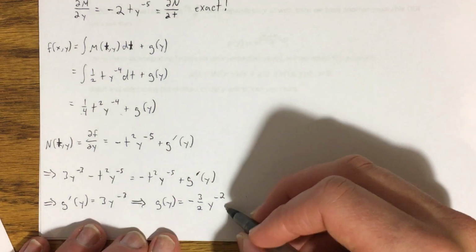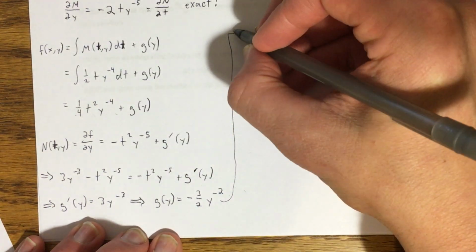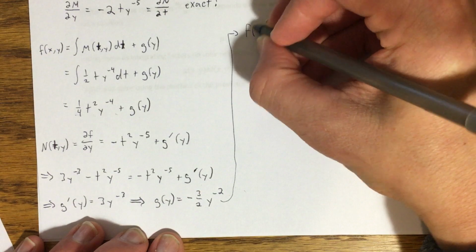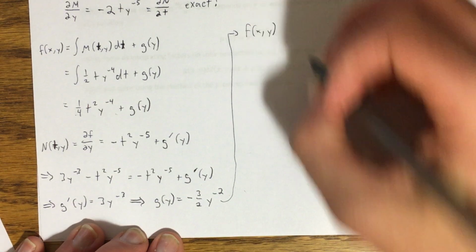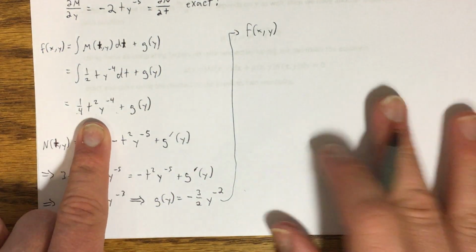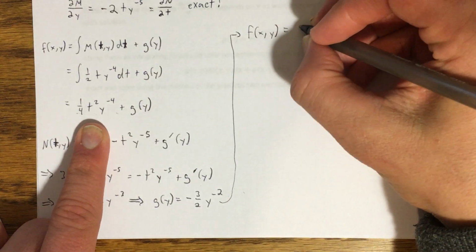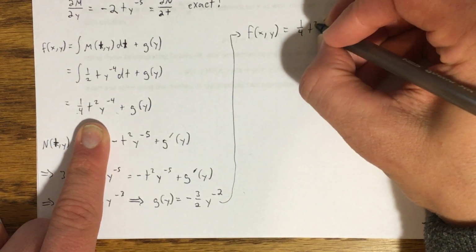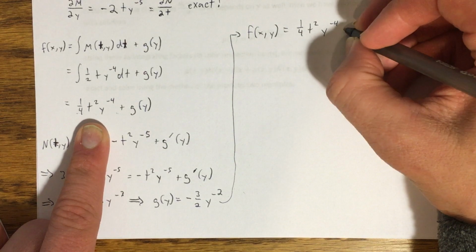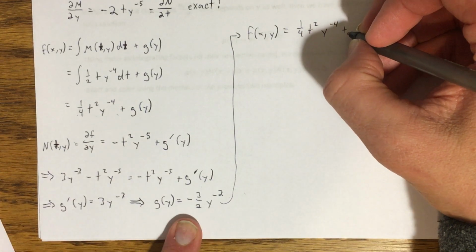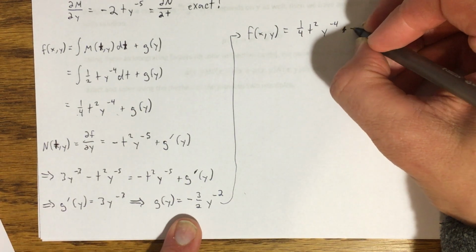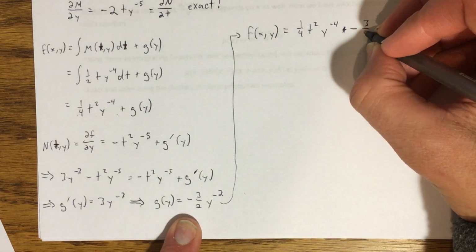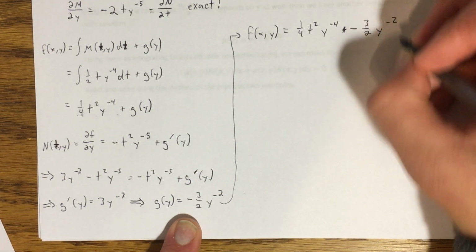So what does this mean? This means that f of xy, which is given here, is equal to 1/4 t squared y to the negative fourth power plus g of y, which I just found. Let's actually call that minus 3 halves y to the negative second power.